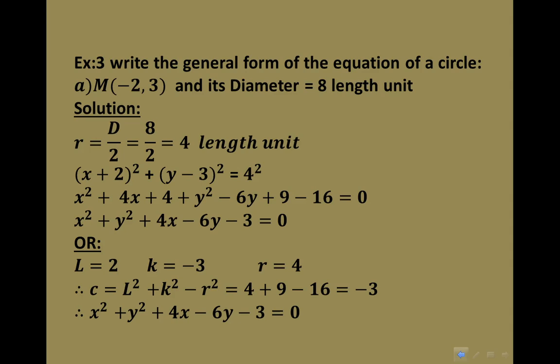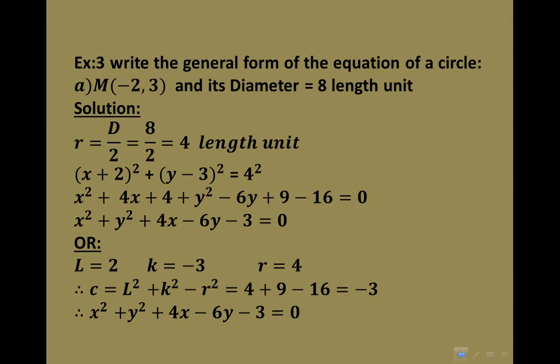Then I expand these two brackets. x squared plus 2 multiplied by x multiplied by 2 plus 4x plus 2 power 2, which equals 4, plus y power 2 minus 6y plus 9 minus 16 equals 0.